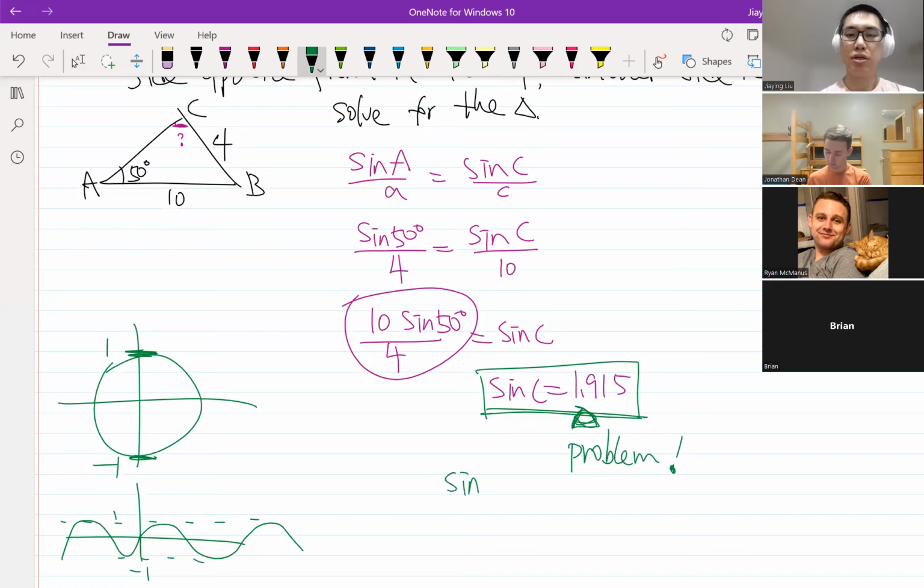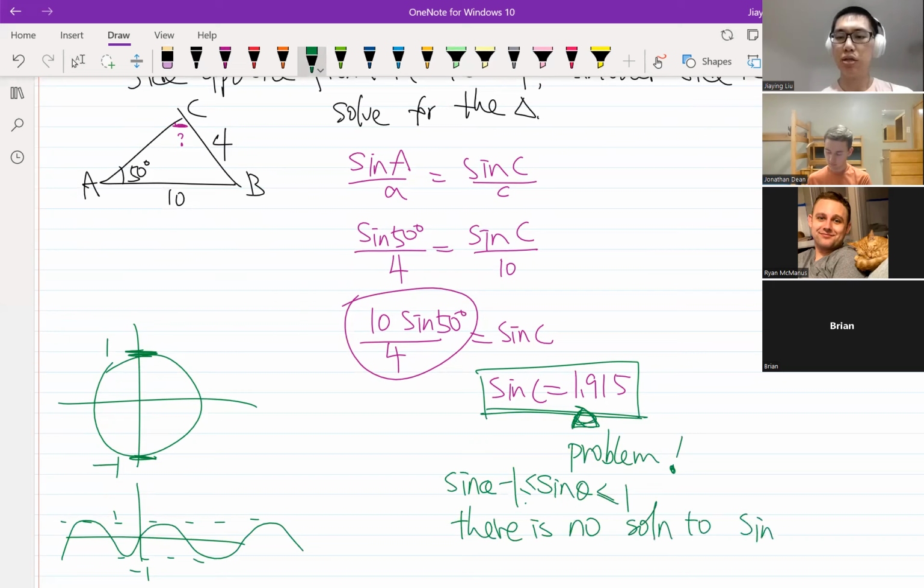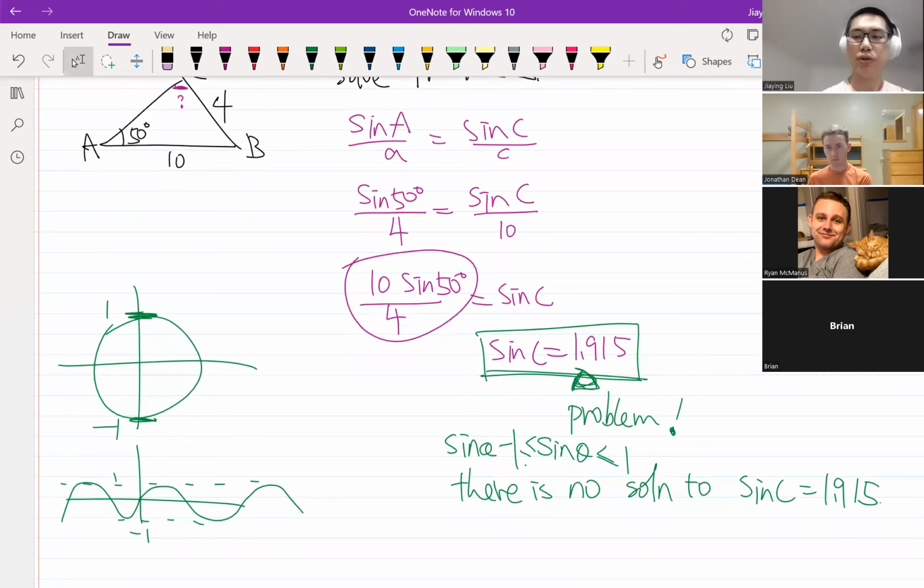So since sine theta is always going to be from -1 to 1, there's no solution to sine C equals 1.915. So in this case, we don't have any triangles.